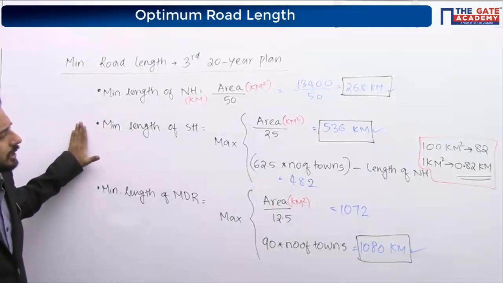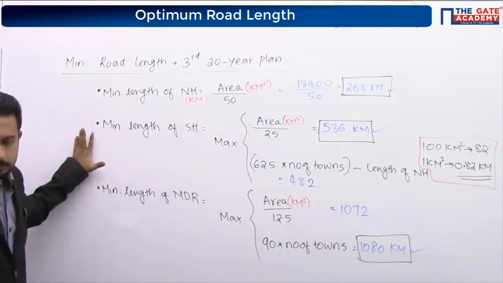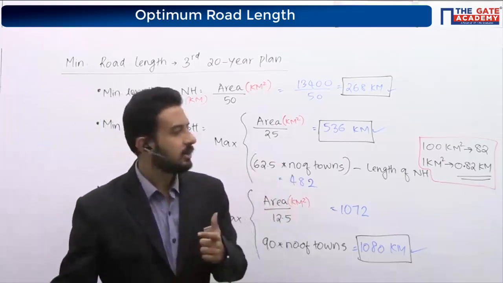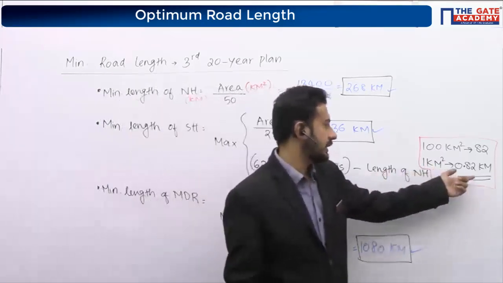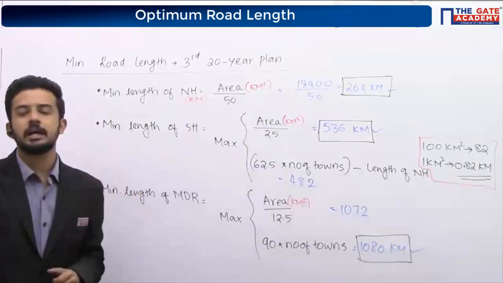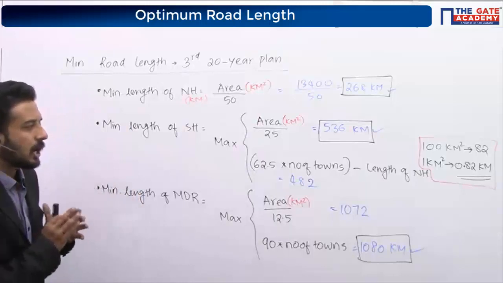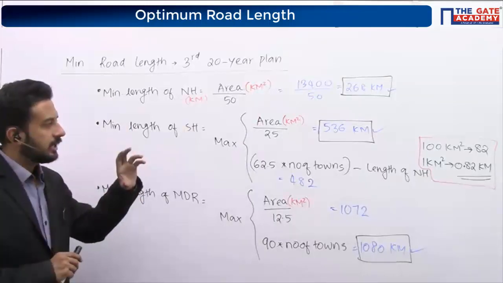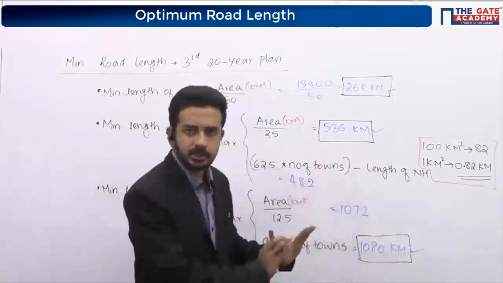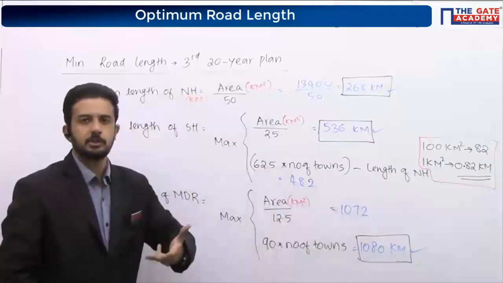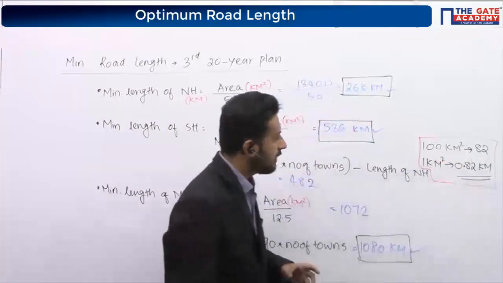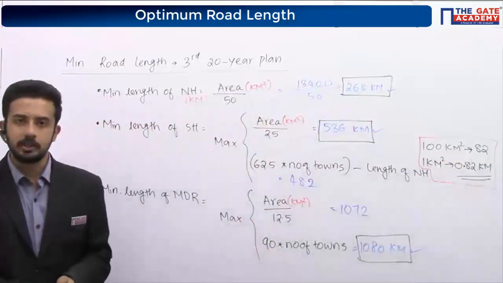Fine. So what do we have to do now? See, this question is completed according to this. I'm just giving you some extra knowledge. According to the third 20-year plan, how much road length do we require? 0.82 per kilometer: for 100 kilometer square, 82 kilometer. So this question is completed perfectly. I'm just giving you some extra knowledge, which means for 1 kilometer square, 0.82 kilometer.